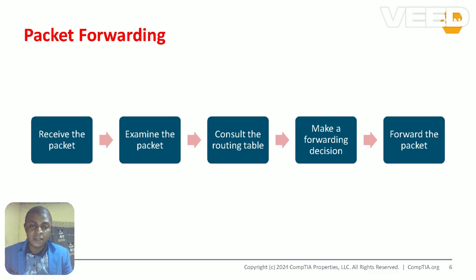Another step is consulting the routing table: is this what I'm expecting? After your consultation, you move to making a forwarding decision. After making the forwarding decision, you forward the packet towards the destination. These are the five procedures that make up packet forwarding.